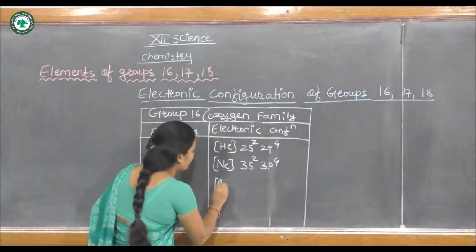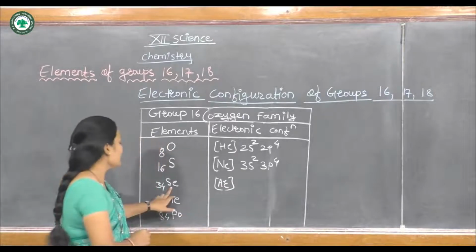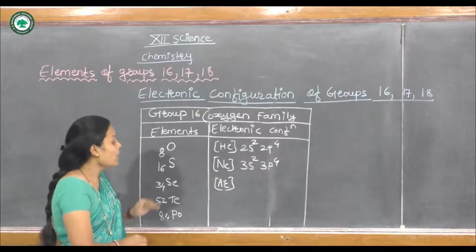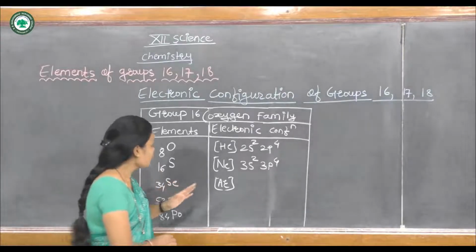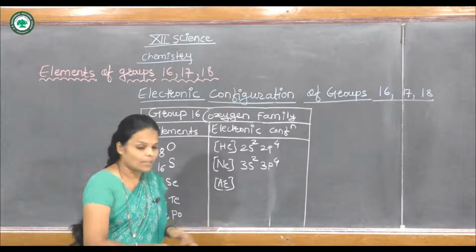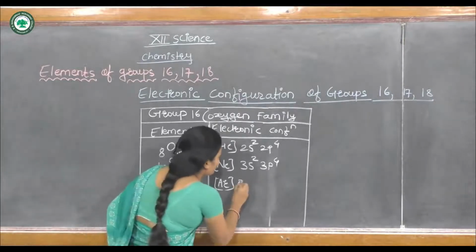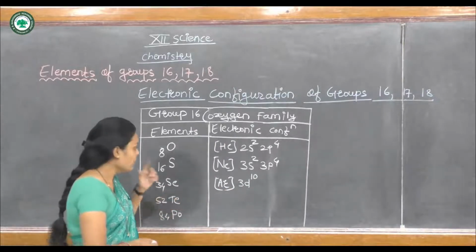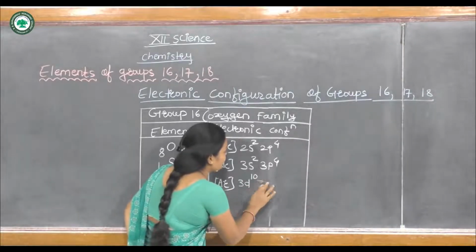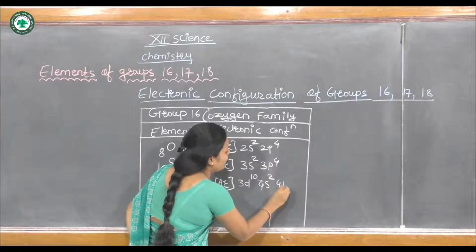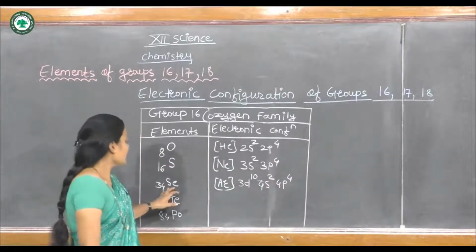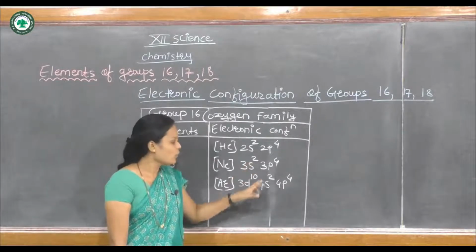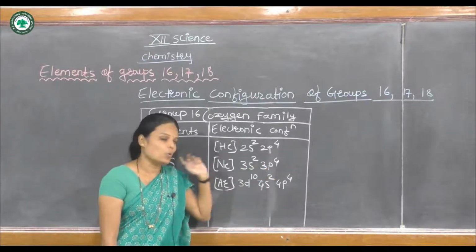After argon, the electronic configuration is 3d10, because of the d orbital, then 4s2 and 4p4. Selenium, atomic number 34: 3d10, 4s2 and 4p4.